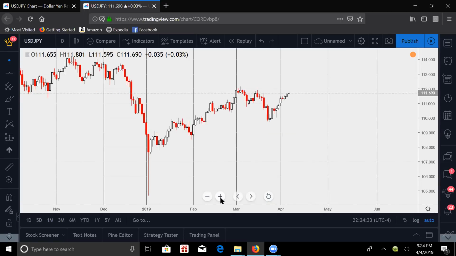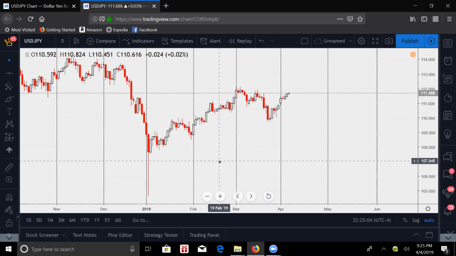So anyway, top-down analysis. What you want to do when it comes to top-down analysis, and I'm sure most other professional traders do this too, is start at a higher time frame, whether that's the weekly, the monthly, or the daily, depending on if you're able to see a clear indication of where the market is going to be heading.